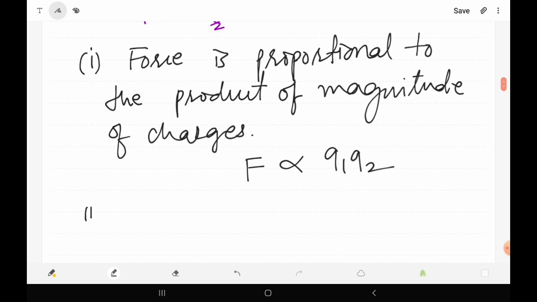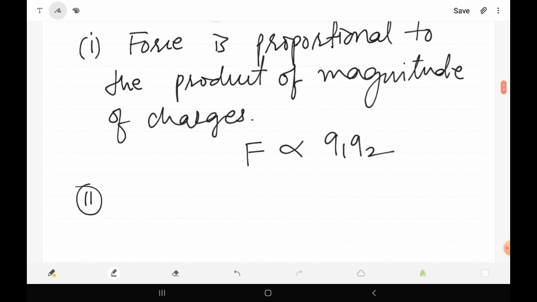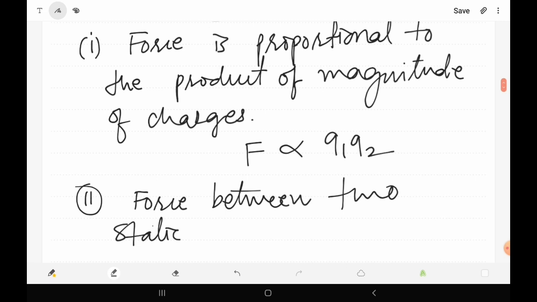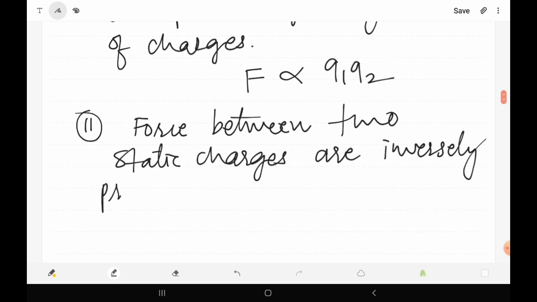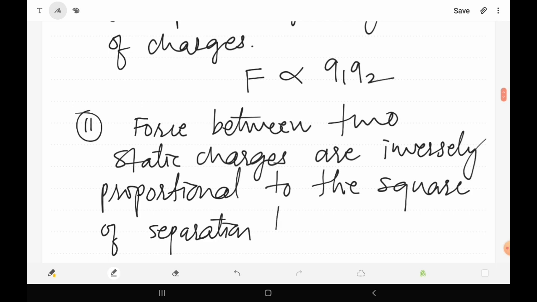The second condition is that if we increase the separation between two static charges, then the force will decrease in square proportion. So the force between two static charges is inversely proportional to the square of the separation between them.